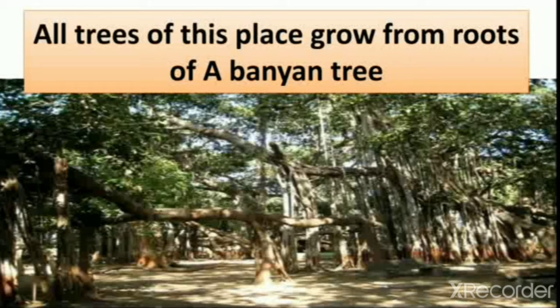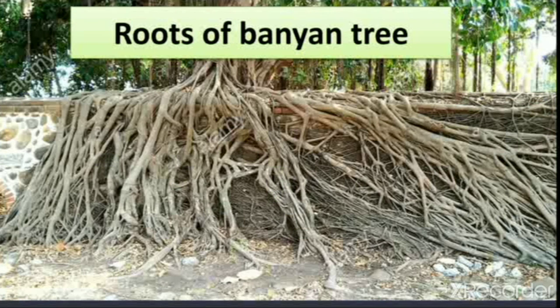All trees of this place grow from roots. So when roots grow and they get nutrients and water, they make new plant. So like that, roots are making new plants.